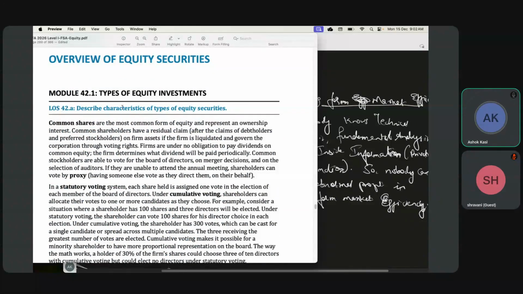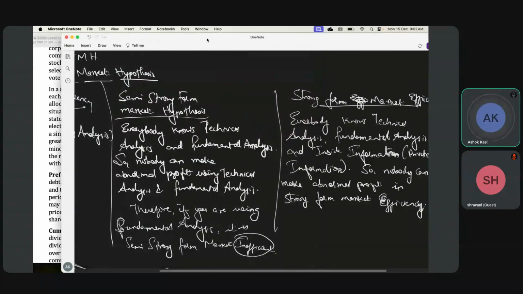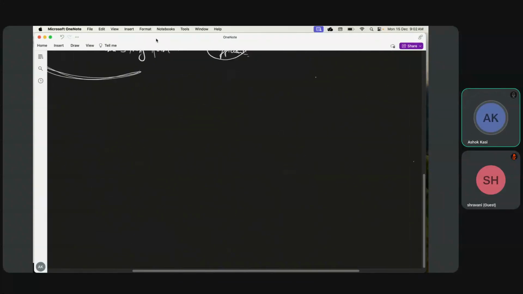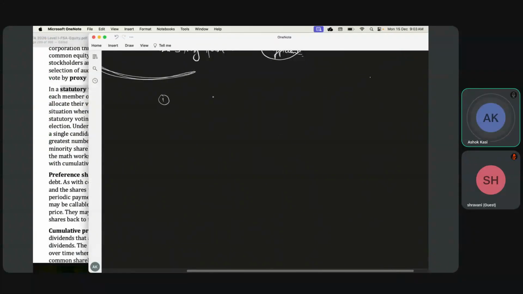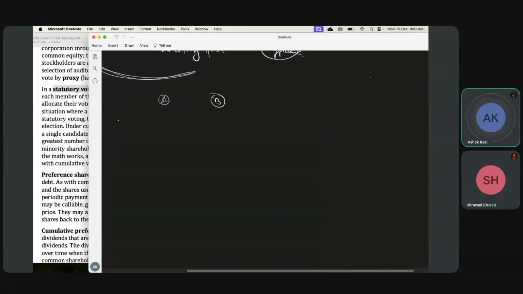Then overview of equities: statutory voting and cumulative voting. Statutory voting means one vote per share. Say, for example, two auditors are being appointed, A and B. If you have one share, you can vote here and you can vote here for each decision.